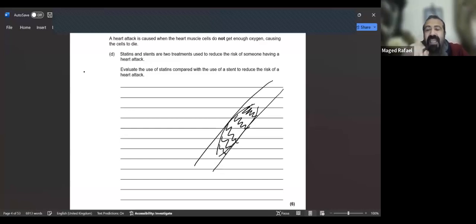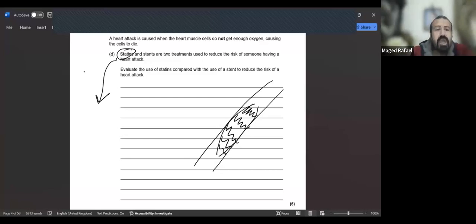We are inserting it in the coronary artery just to open the artery if there is any accumulation of lipids or fat deposits. However, statins are drugs, and they might have a kind of side effects, but the main target of statins is to decrease blood cholesterol.